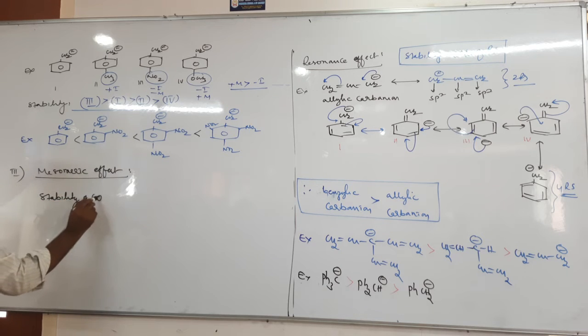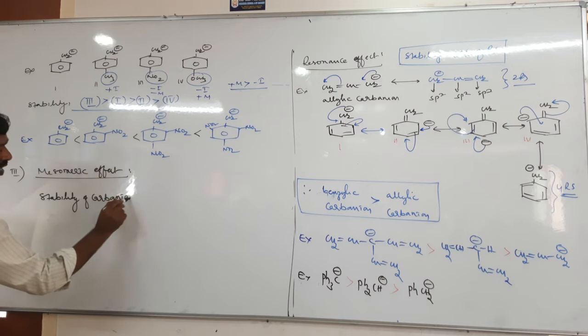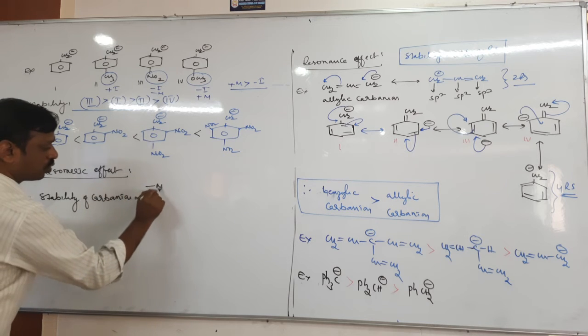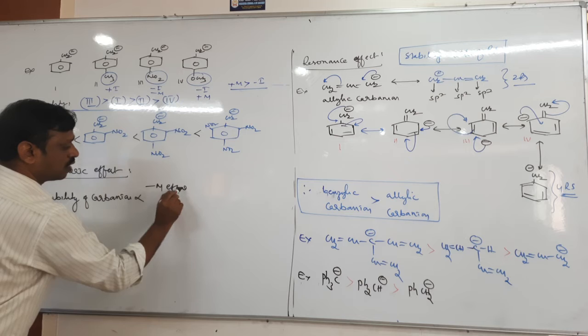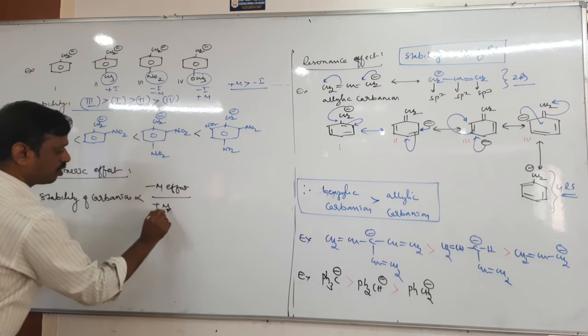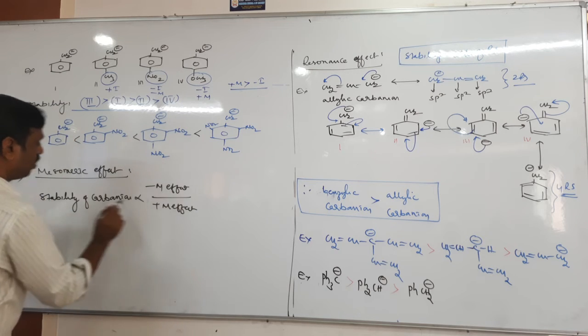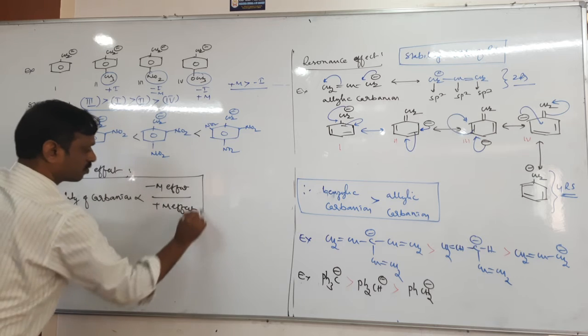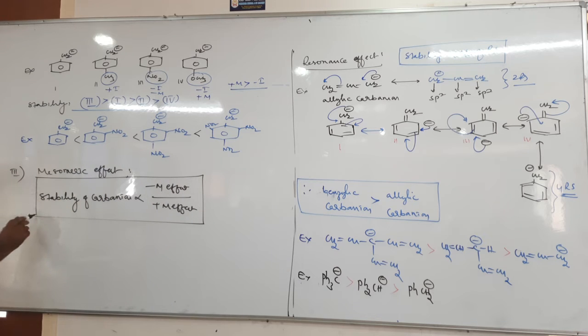Stability of carbanion is directly proportional to minus M effect and inversely proportional to plus M effect. Okay. So stability of carbanion is directly proportional to minus M effect.